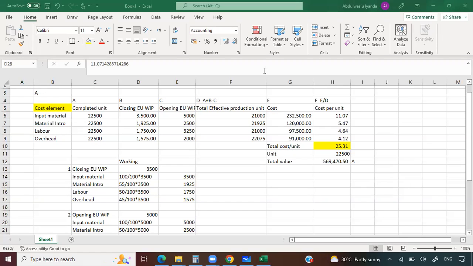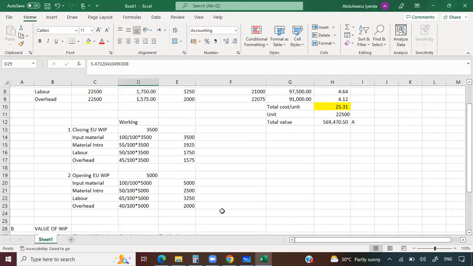In weighted average, we are not concerned about how the unit came in. But in FIFO, the idea is that if I receive any material first, it is the one that goes out first, and that is the FIFO that is coming here now.